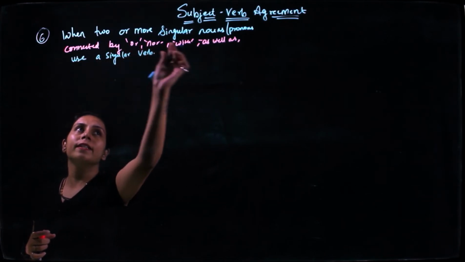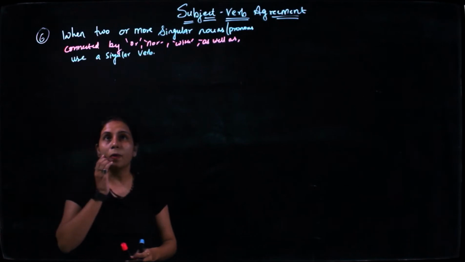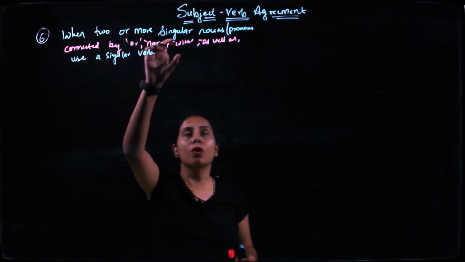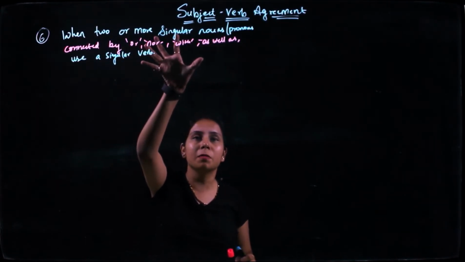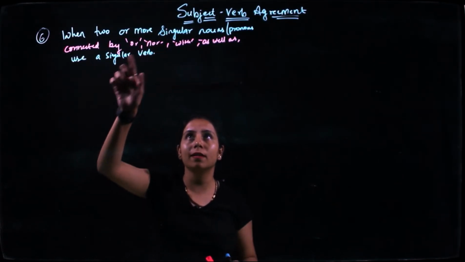Now, when the subjects, nouns and pronouns, are singular in nature, use a singular verb. Yes, we know about it, but the condition is or, nor, with, as well as. When these come specifically, you need to go for the basic rule: singular, singular; plural, plural.